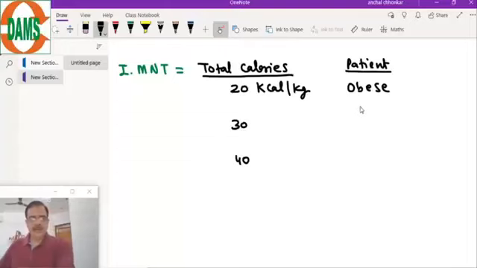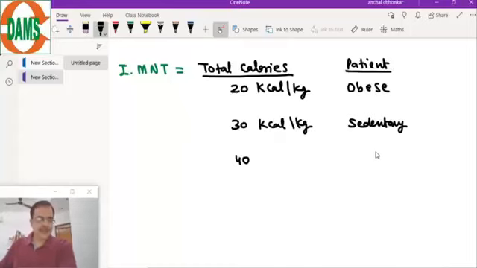Now the second patient, if a patient has a normal weight but a sedentary lifestyle, we provide 30 kilocalories per kg body weight. And if a patient is doing heavy manual labor, we can provide 40 kilocalories per kg body weight.